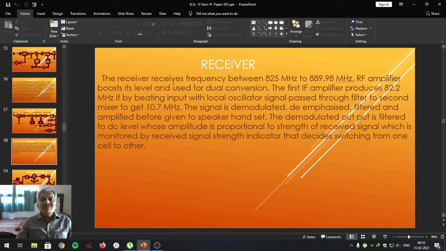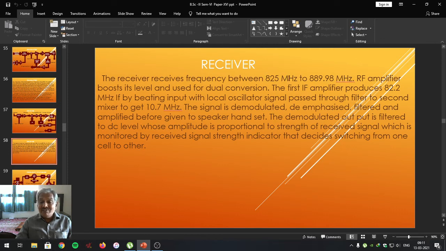The receiver receives the frequency between 825 MHz to 889.98 MHz, because 666 channels operate within the range of 800 to 900 MHz. As we already studied, for the first channel, say the frequency is 800 MHz.